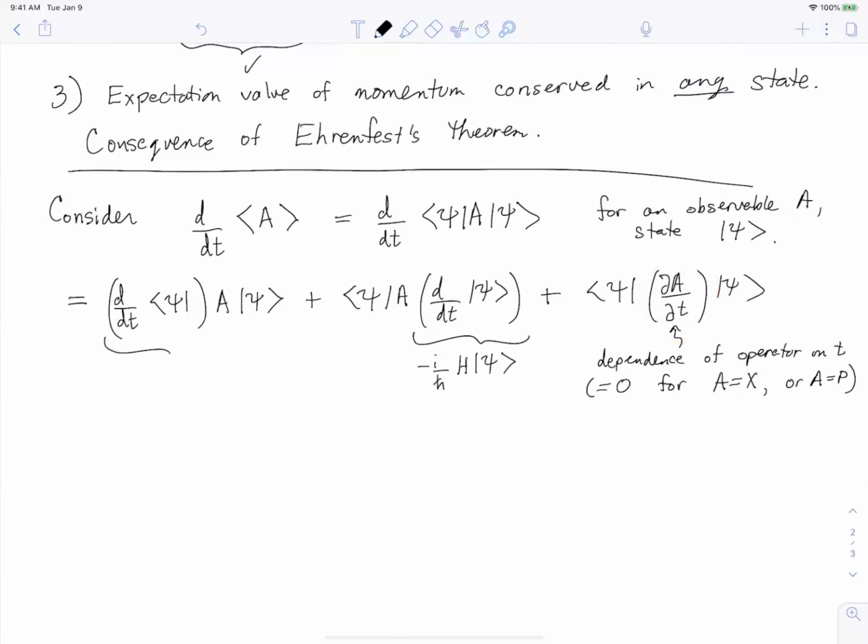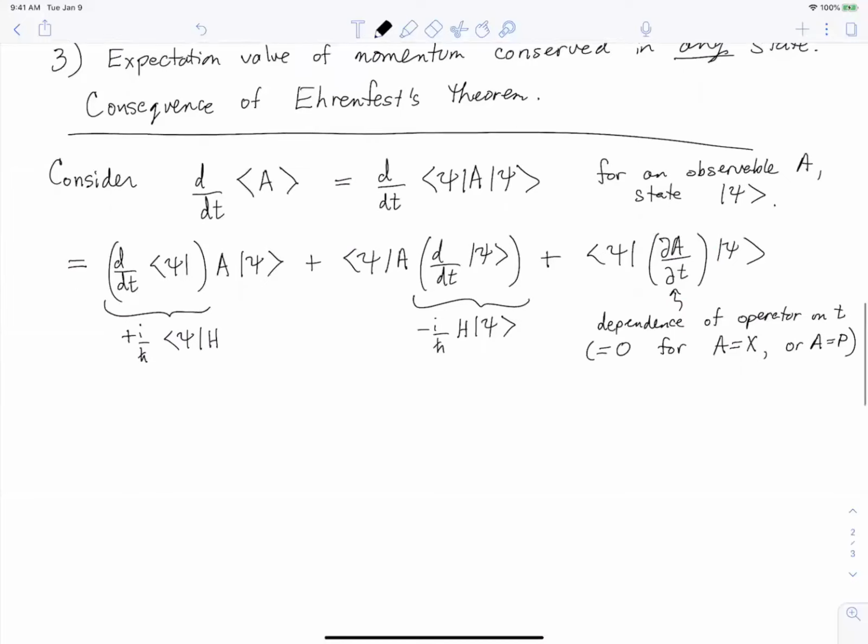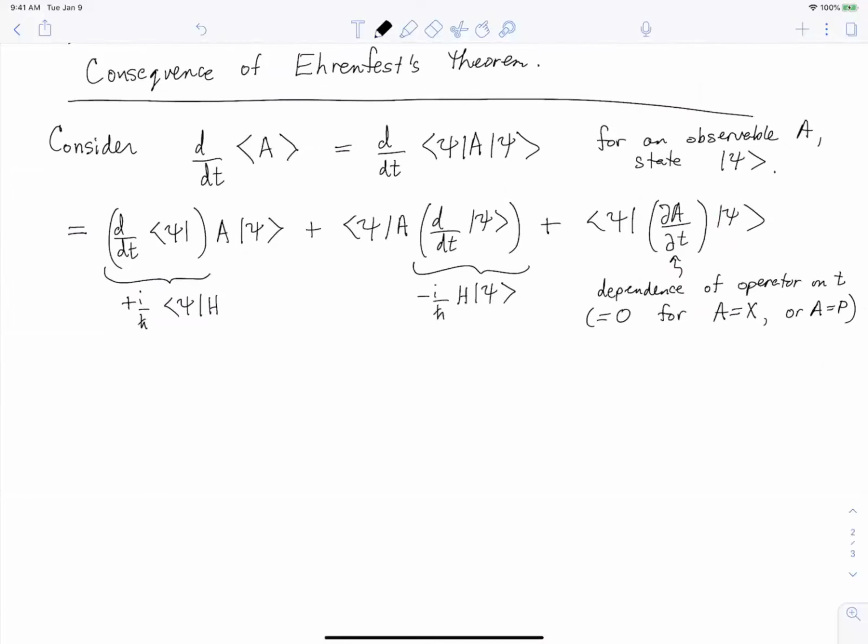And this thing right here is just the Hermitian conjugate of that. So this is plus i over h bar psi H. And so now we can rewrite everything by noticing that we have H acting on A minus A acting on H. So this whole thing is minus i over h bar psi, commutator of A with H, psi.